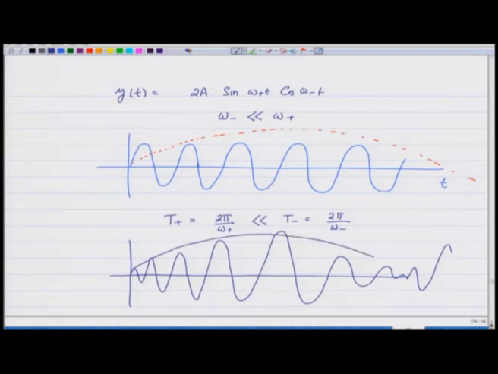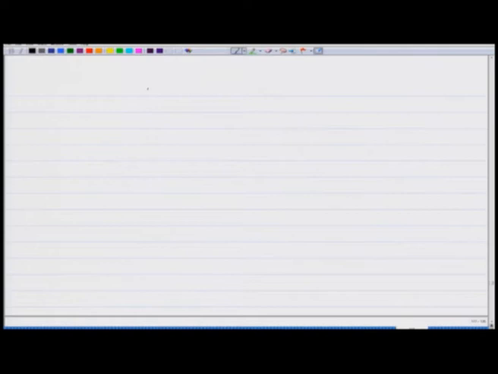This term is cosine of omega minus t. Let me correct myself for the other function, which is sine of omega plus t cosine of omega minus t.